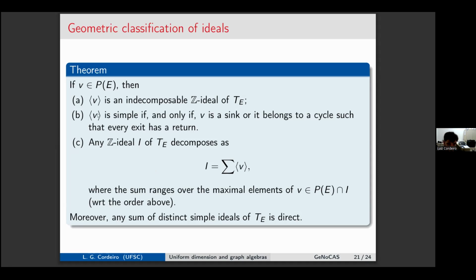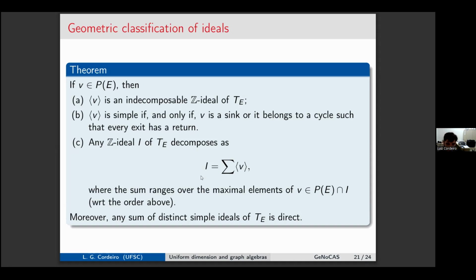And moreover, such an ideal generated by such a vertex is simple if and only if either V is a sink or it belongs to a cycle such that every exit has a return. Equivalently, the ideal generated by such a vertex is simple if and only if it does not belong to a cycle which has an exit without a return. And any Z-ideal I of T decomposes as a sum of these indecomposable Z-ideals, where the sum ranges over the maximal elements of the set of vertices which also belong to the ideal I.